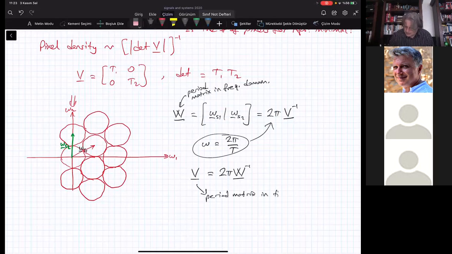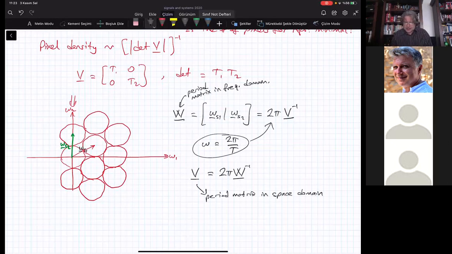I should use not time, of course, in space domain. And they are inversely proportional to one another. If you're trying to increase the determinant of one of them, it means you're decreasing the determinant of the other one. Their determinants, their magnitudes, sizes are inversely related to one another.